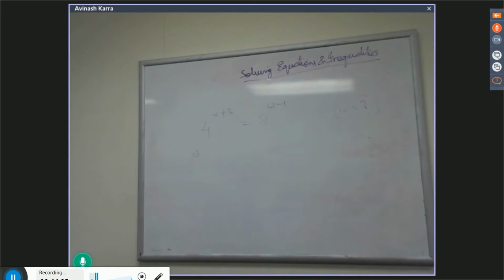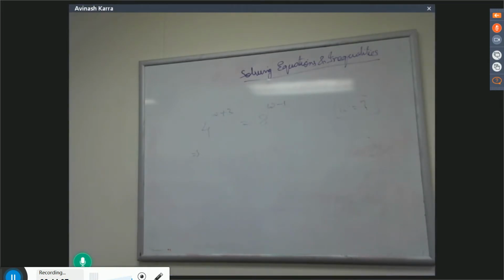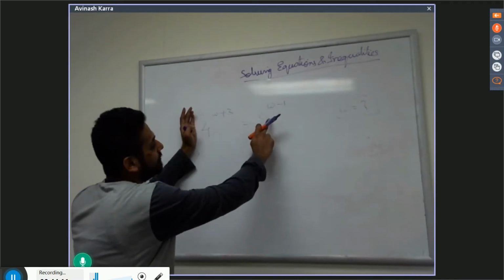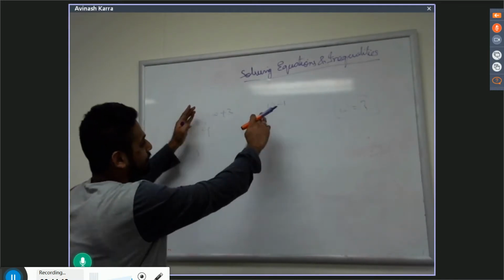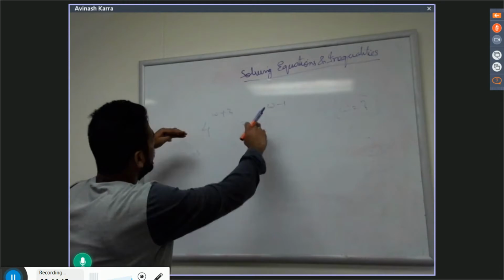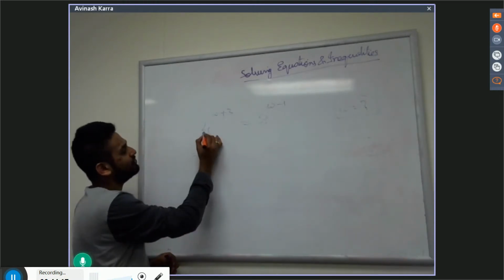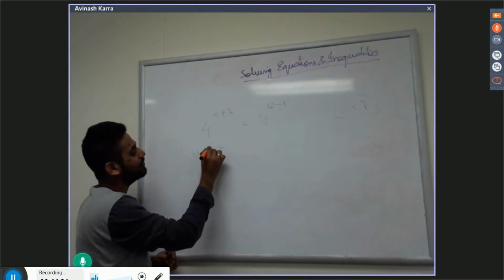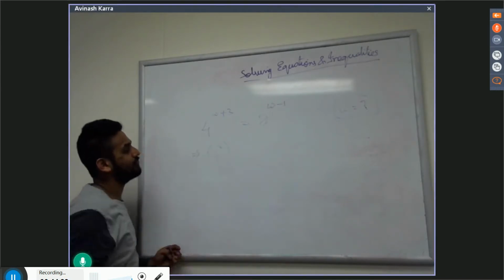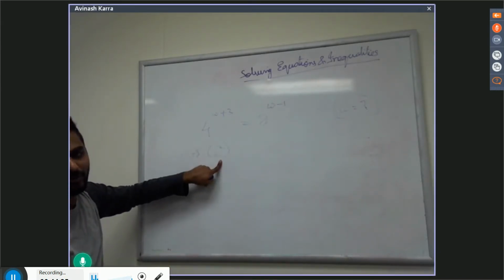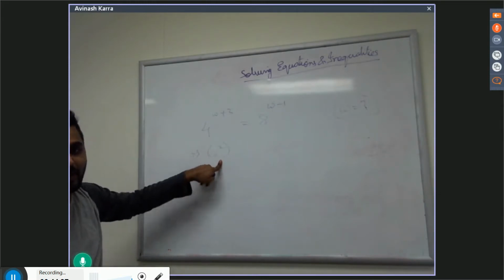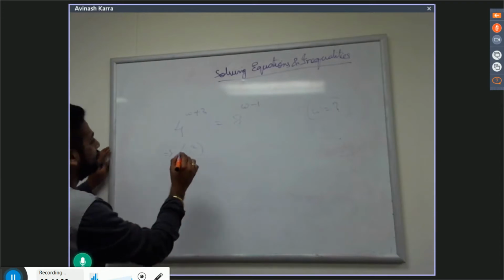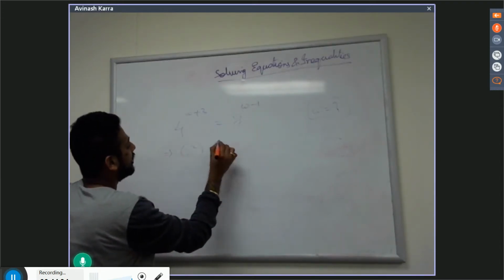Multiply the left side by 2. But if you multiply the left side by 2, again you need to multiply the right side by 2 to maintain the equality, right? So first, just try to check whether you can write 4 as 2 to the power of 2. Yeah, 2 to the power of 2 is 4.